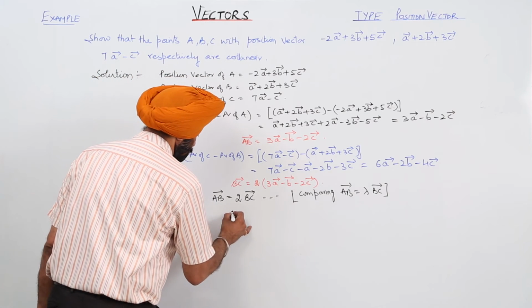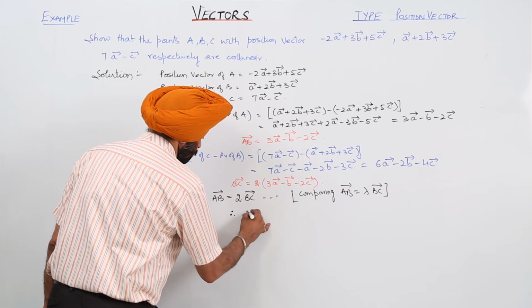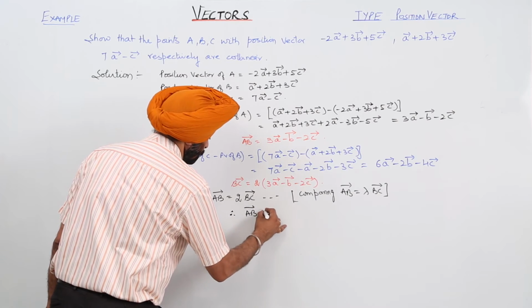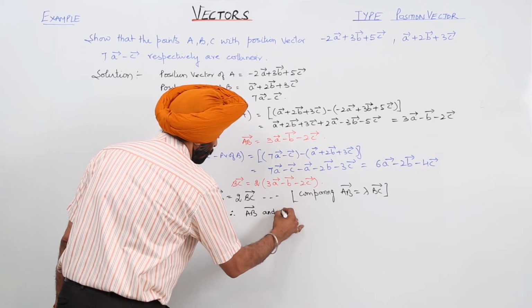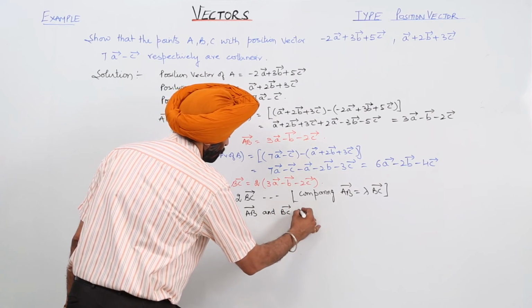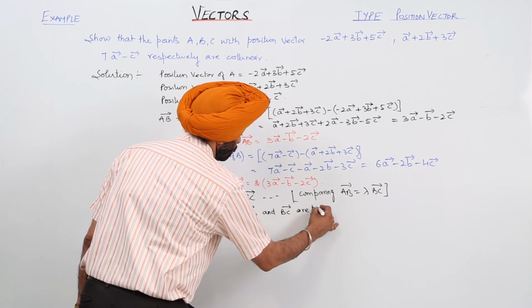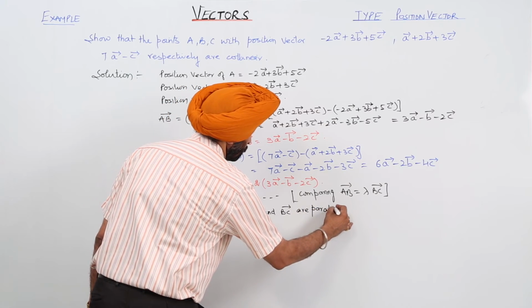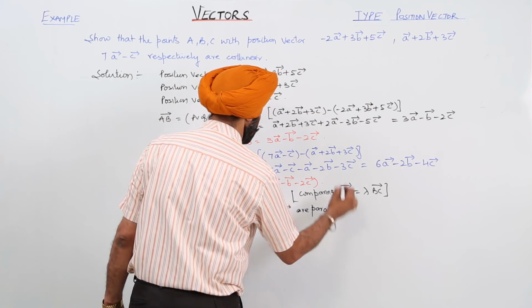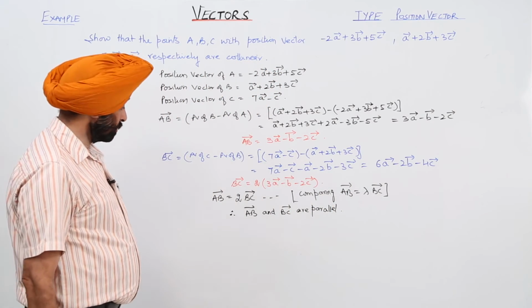Therefore, vector AB and vector BC are parallel. Okay.